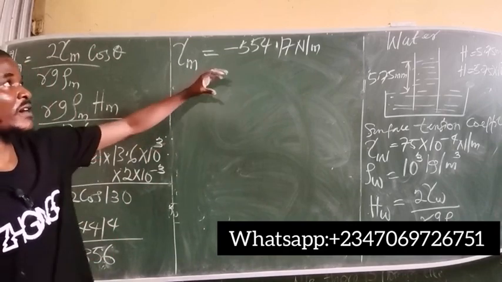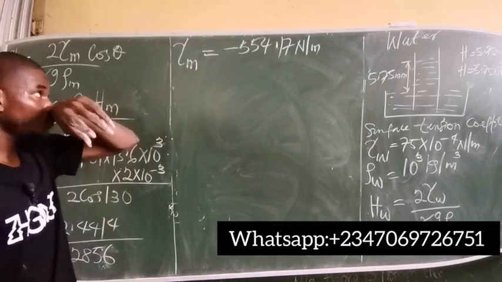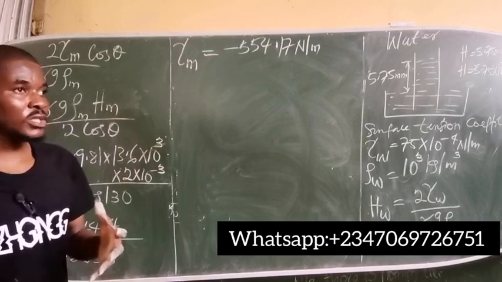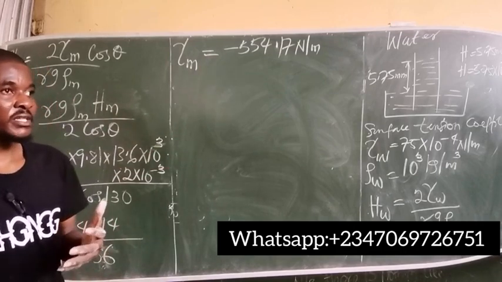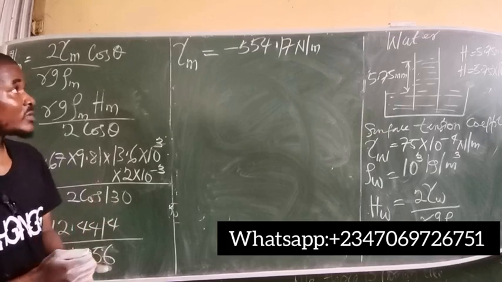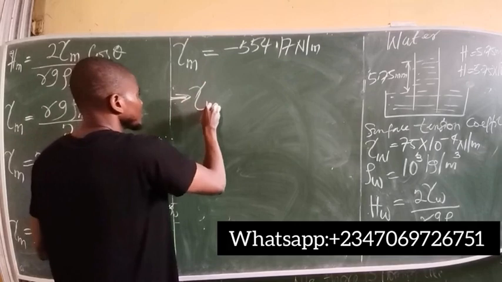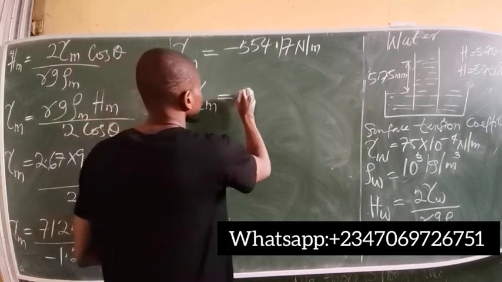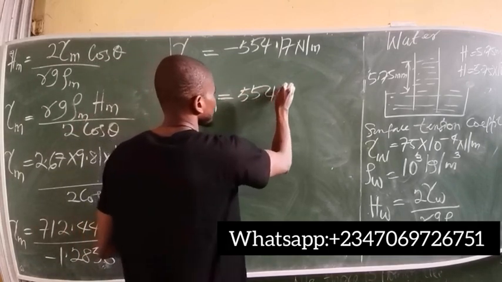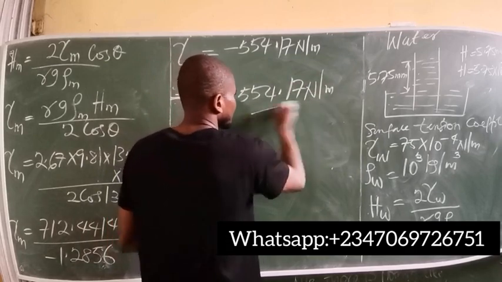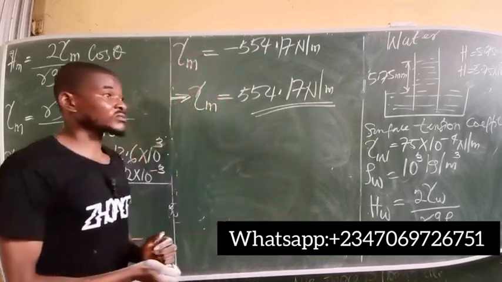So we have to exclude the negative sign because surface tension can never be negative, but the negative sign only shows the drop in the level of mercury inside the capillary tube. So we can simply write that the surface tension for mercury is simply equal to 554.17 newtons per meter. So that becomes the answer to that problem.